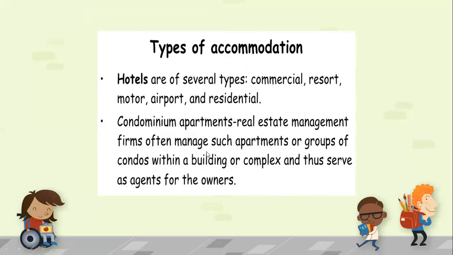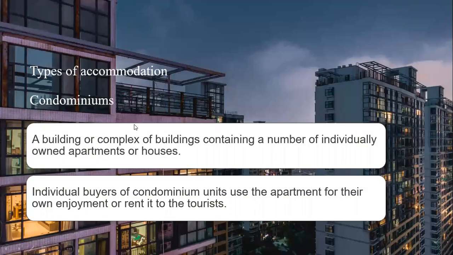No. This is actually pretty complex. Let's take a look at some easy definitions. Students, see, condominium means a building or complex of buildings. It might be a building or it might be some buildings together, which contains a number of individually owned apartments or houses.